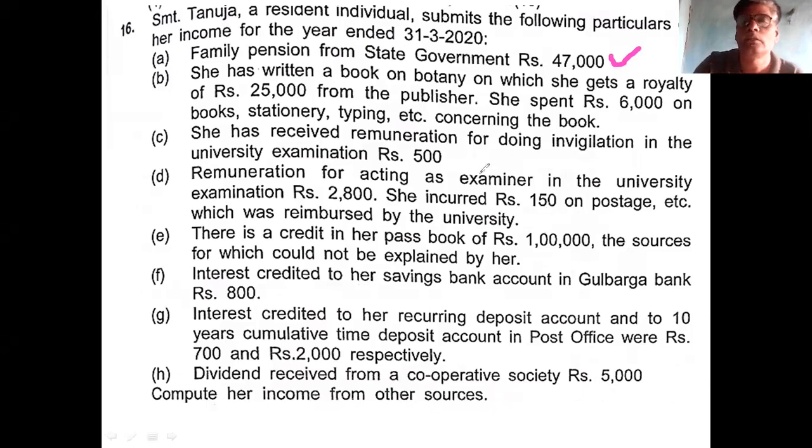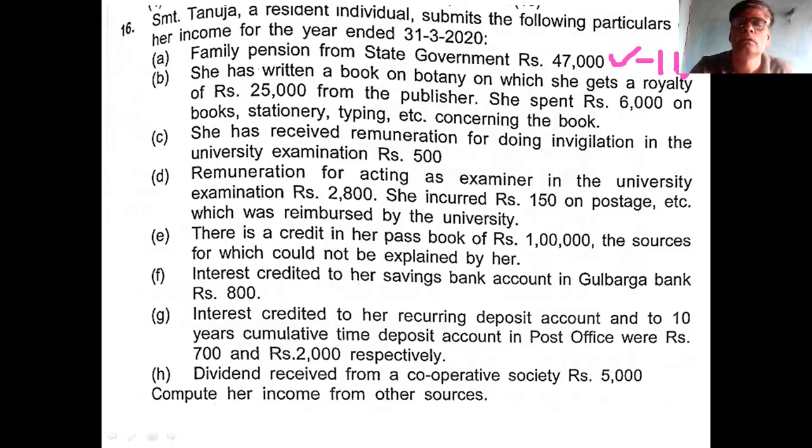If you calculate 1/3 it is 15,666, and 15,000 is less. So 15,000 is exempted.